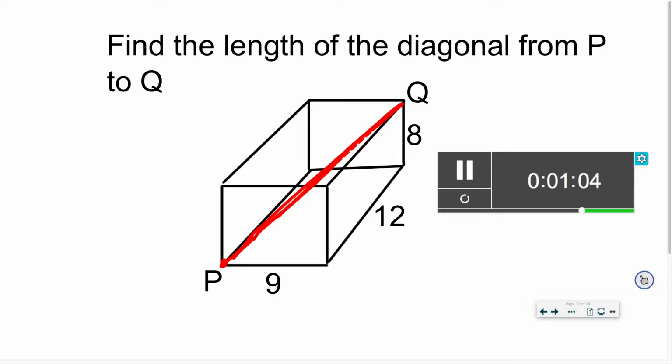Let me add this for you. If I have this diagonal, the triangle that I need is there. So how can I get all the sides of that triangle?